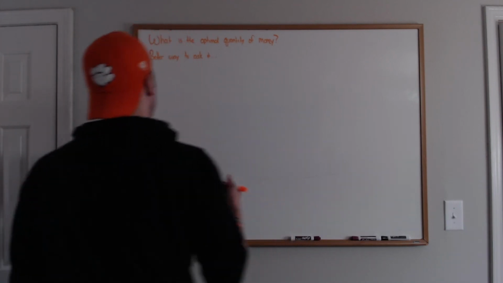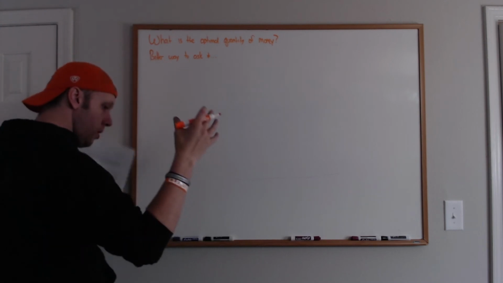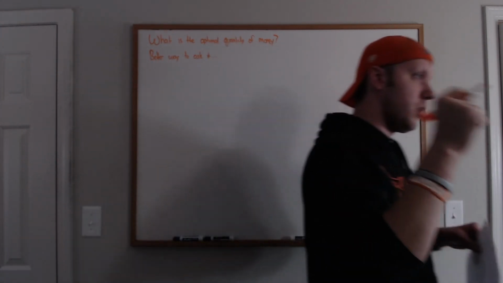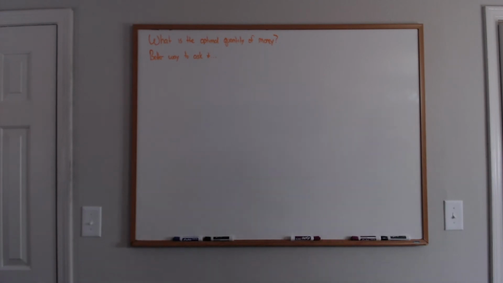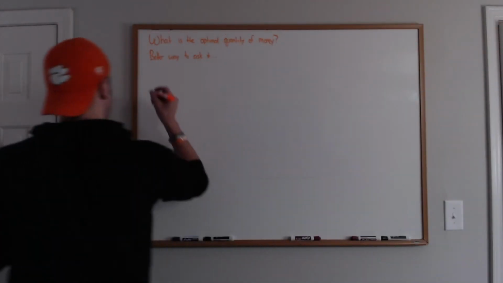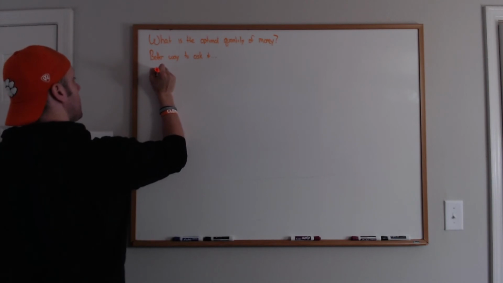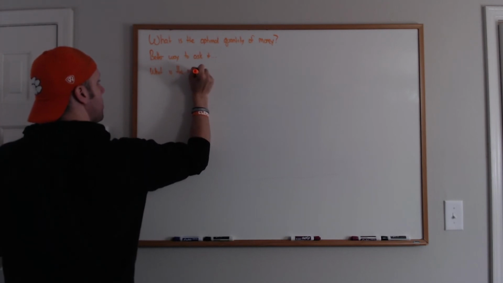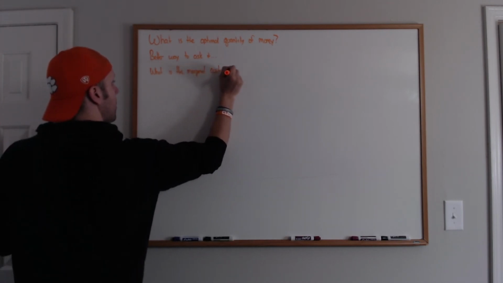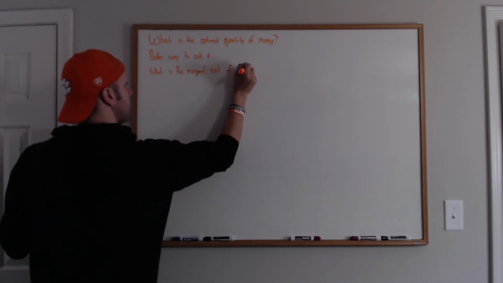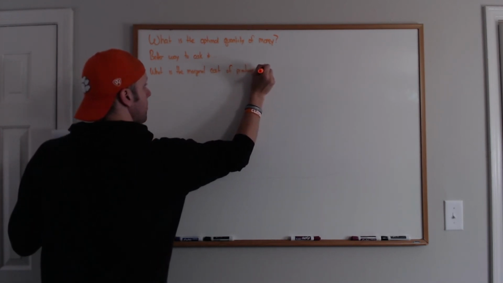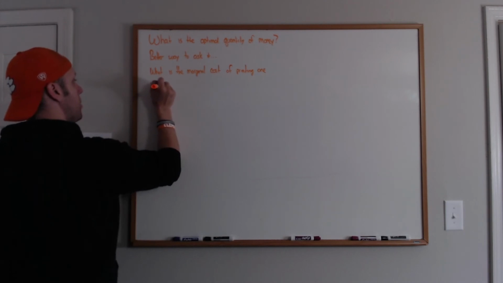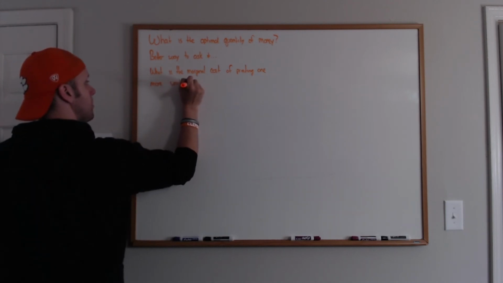So a better way to ask this question is, if they control the money base in order to try to achieve a target interest rate that determines a target rate of inflation, maybe a better way to ask this then is, what is the marginal cost of printing one more unit of money?